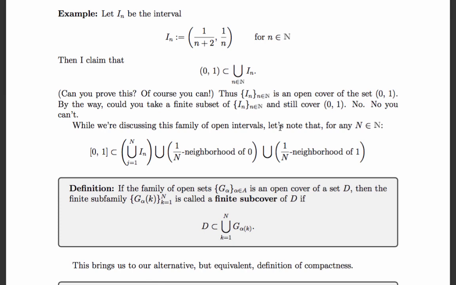Now, while we're discussing this family of open intervals, let's note that if I were to cut off this union at some natural number capital N, in other words, take a union of a finite number of intervals, and join to it the 1 over n neighborhood of 0 and the 1 over n neighborhood of 1, then I would have a cover for the closed interval 0 to 1.